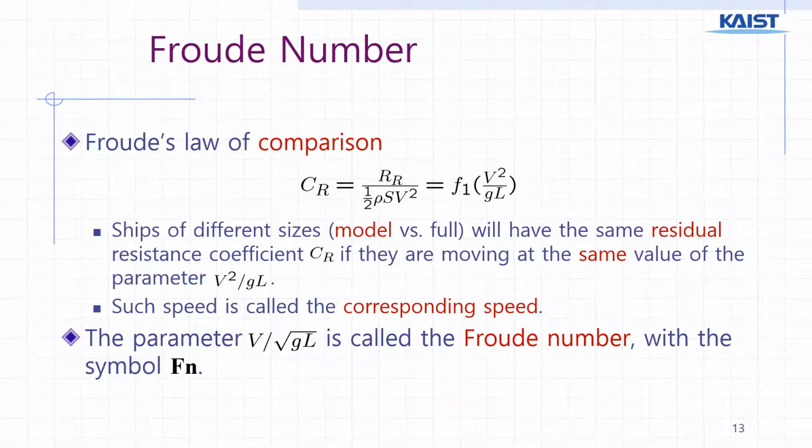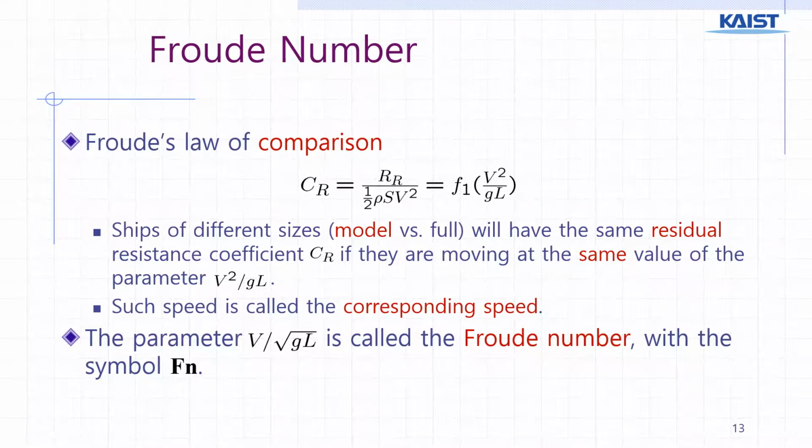So ships of different size, meaning a model ship and a full size ship, will have the same residual resistance coefficient, CR. That is interesting, right? So CR is independent of size if they are moving at the same value of the Froude number.